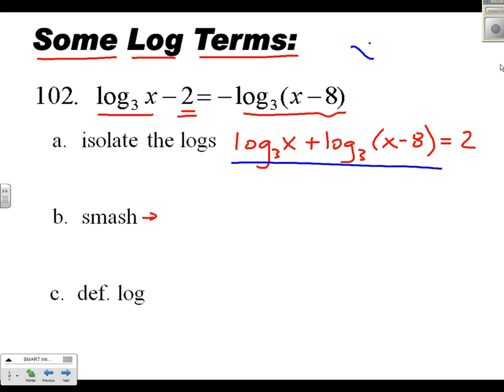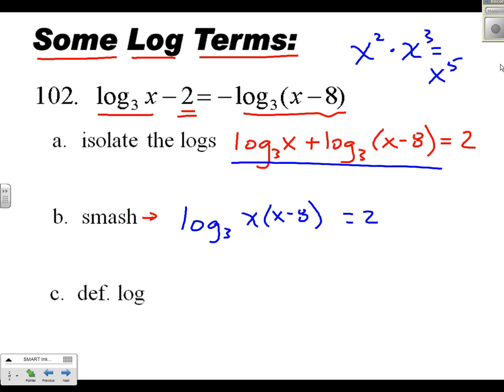We add exponents when we have common bases and a product. For instance, x squared times x to the third is x to the fifth, which tips me off that my rule here is I can make this a single logarithmic expression, log base 3 of the product of x times x minus 8, and that would equal 2.